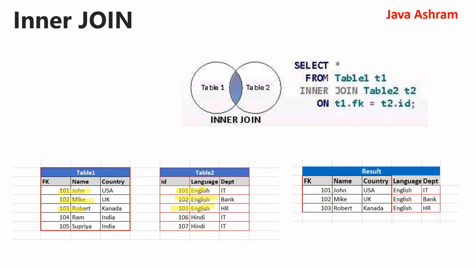So it will retrieve the data from these two tables, like foreign key, name, country, and language, department, for the rows 101, 102, 103. So this will be the result with all the required data. This is the inner join. This is also a very important query. Let's move ahead.